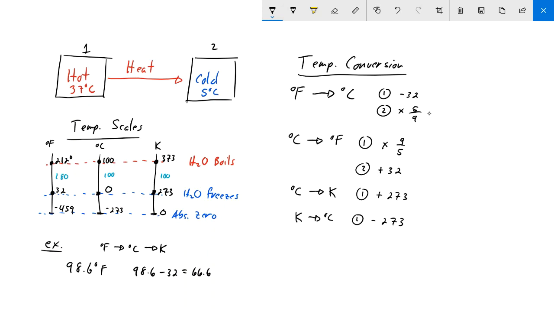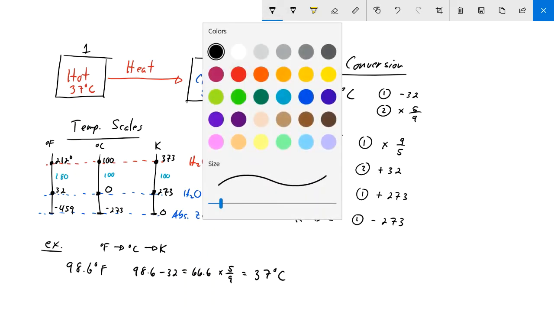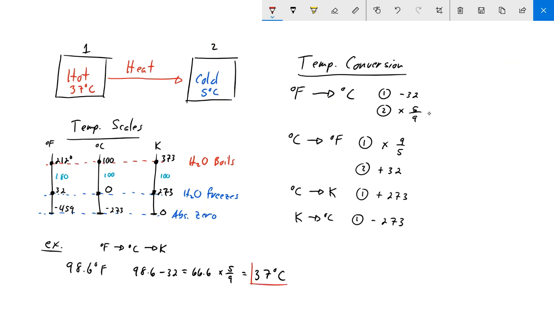I'll then take that number and I'll multiply it by 5/9. And when I do that, I end up with 37. And since I'm going to degrees Celsius, I'll just write degrees Celsius. So that would be my answer for the first part. 98.6 degrees Fahrenheit is the same as 37 degrees Celsius.